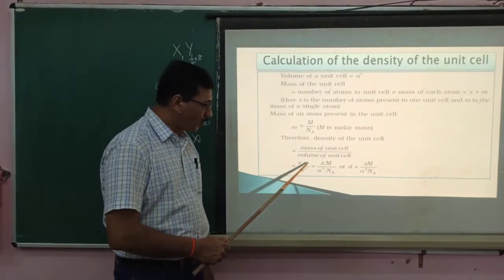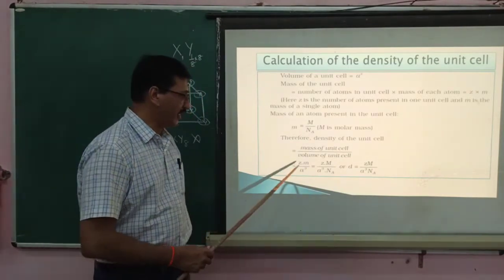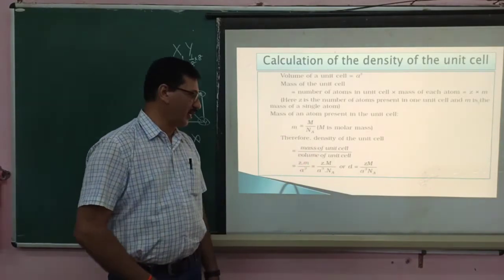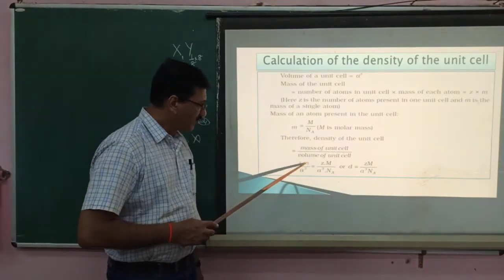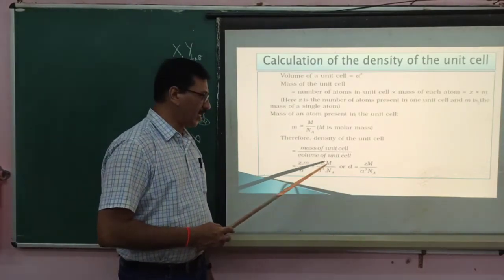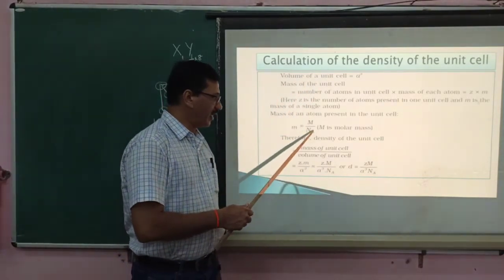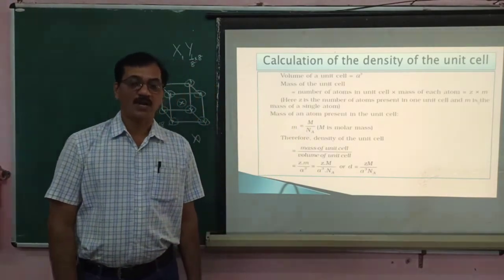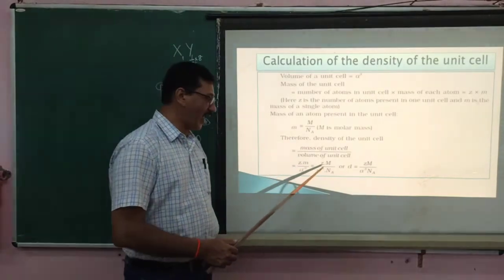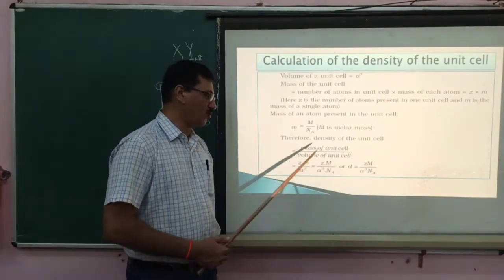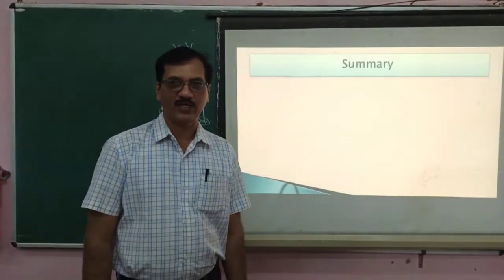Number of atoms into mass of one atom gives the total mass of all the atoms. A cube is the volume of the unit cell, if A is the edge. This mass per unit cell can be determined if you know the molar mass and Avogadro number: molar mass divided by Avogadro number gives the mass of one atom. So from the cell dimensions and molar mass you can find the edge length, or the density of the unit cell.